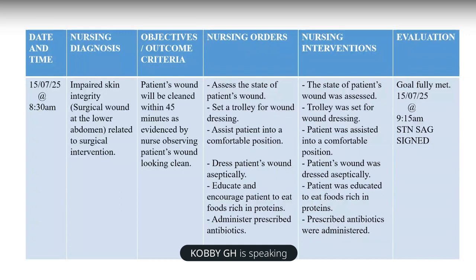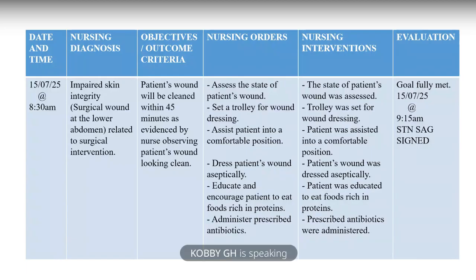Impaired skin integrity into brackets, surgical wound at the lower abdomen related to surgical intervention. So it means that this patient, the wound is from what? Surgical intervention. You can have impaired skin integrity into brackets, surgical wound at the lower abdomen related to, let's say, burns, which is the cause.